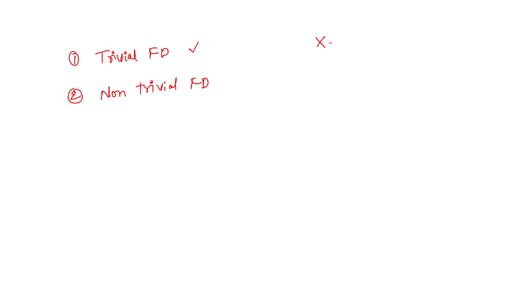For example, I have a functional dependency in this form: X implies Y, X determines Y. On the right hand side we have Y. So if Y is a subset of X, then we can say this functional dependency is a trivial functional dependency.